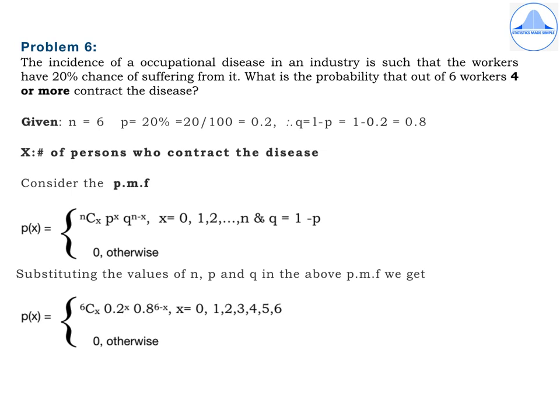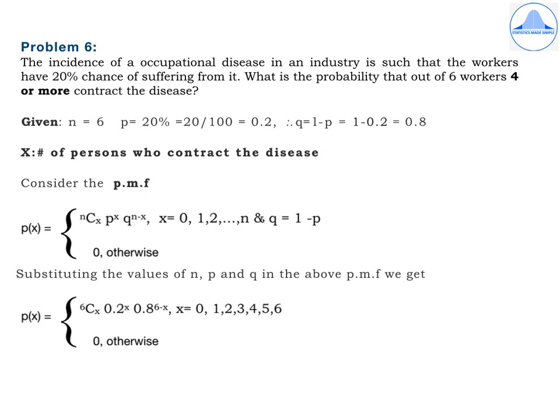Given n is equal to 6, p is equal to 20%, 20 divided by 100 is 0.2, and q is 1 minus p, 1 minus 0.2 is equal to 0.8. As I had mentioned, the probability can be given in terms of either decimals, fractions or percentage, and in this problem it is given in terms of percentage.